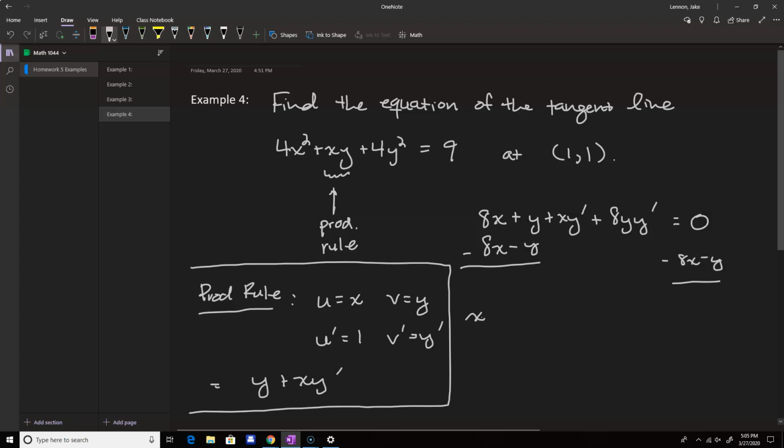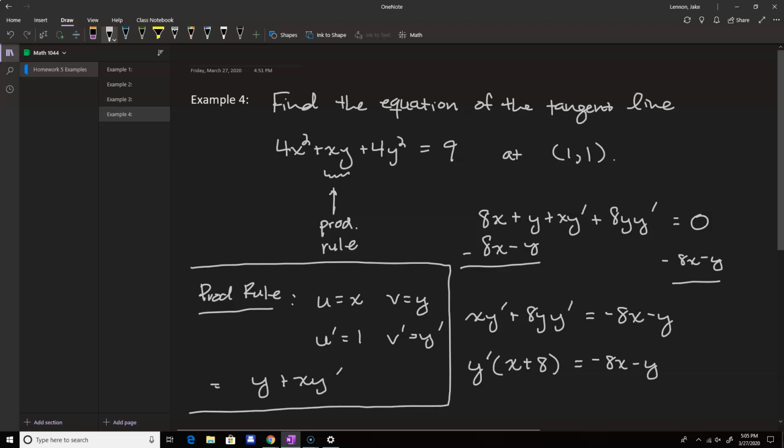So we have xy prime plus 8y y prime equals minus 8x minus y. We have to factor out our y prime. So we have y prime times (x plus 8y), and that will equal minus 8x minus y.